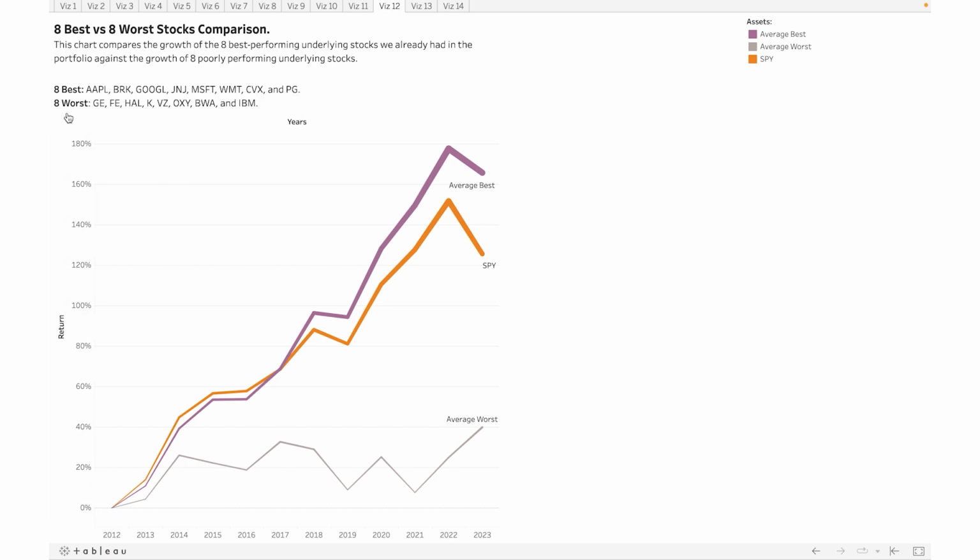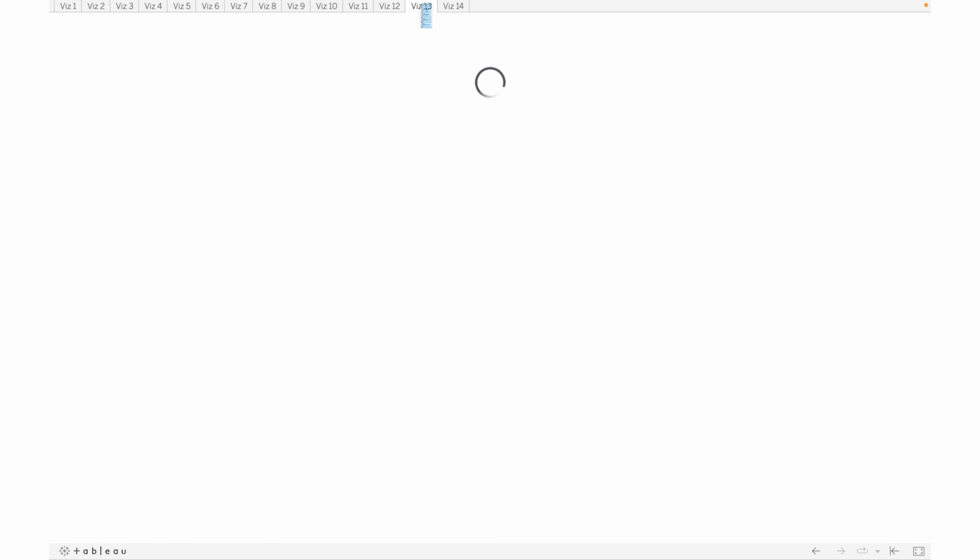And the 8 worst stocks were General Electric, First Energy, Halliburton, Kellogg, Verizon, Occidental Petroleum, BorgWarner, and IBM. IBM was in the original portfolio, but I included it here because it had the worst performance. Remember, we are talking about the underlying assets here. Now let's see how they behave when traded with the 10R strategy applied.